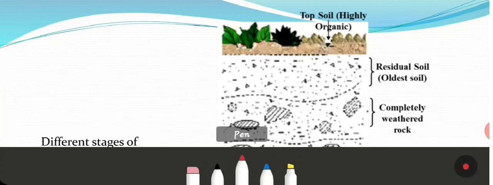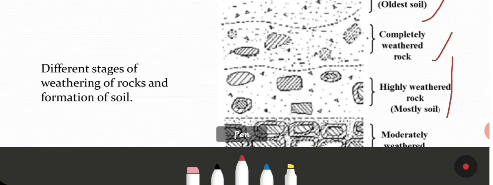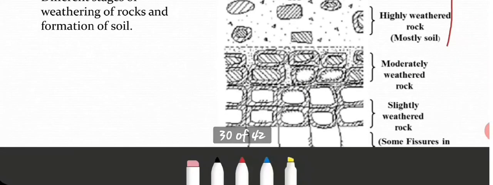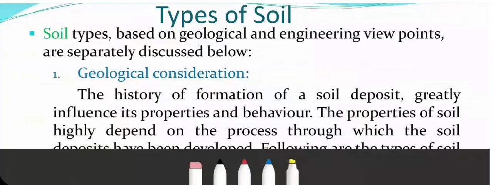You can see in this picture topsoil, that is highly organic, and next you can see residual soil, that is oldest soil, and you can see completely weathered rock, then below highly weathered rock, mostly soil, and then moderately weathered rock, then slightly weathered rock.